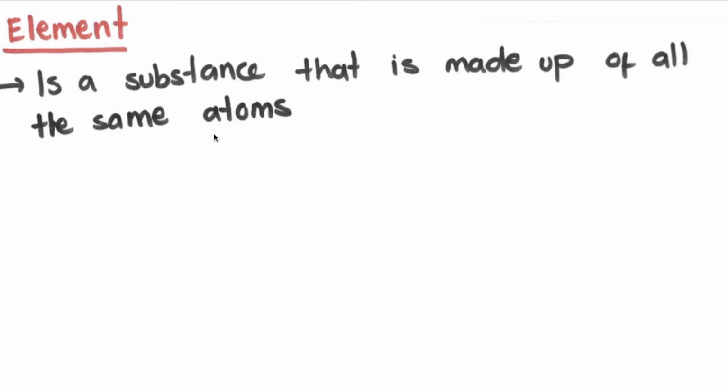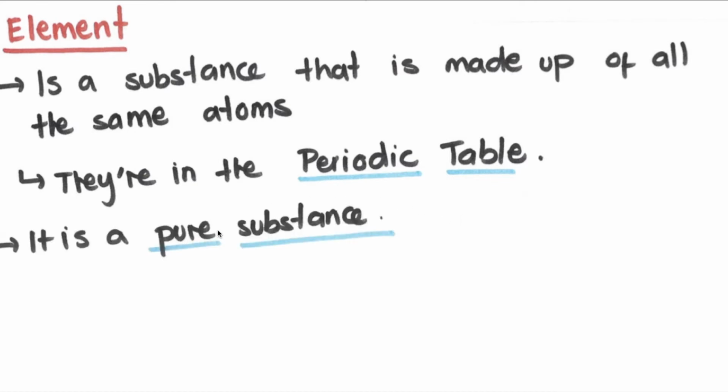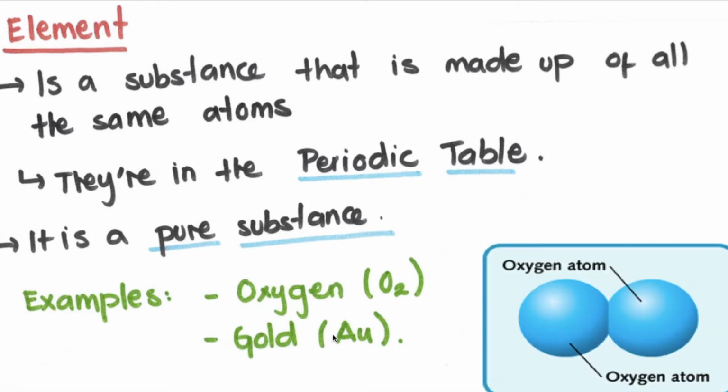Or you can also say, if the atom is the same as another atom, it means that they belong to the same element. They are all in the periodic table, and they are pure substances. And we say that they are pure substances because they contain only one element, okay? Some examples are, for example, oxygen and gold.